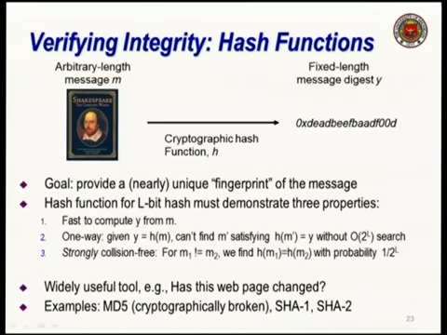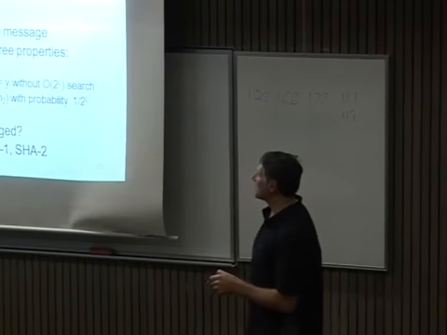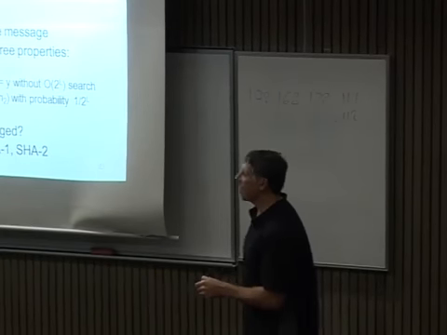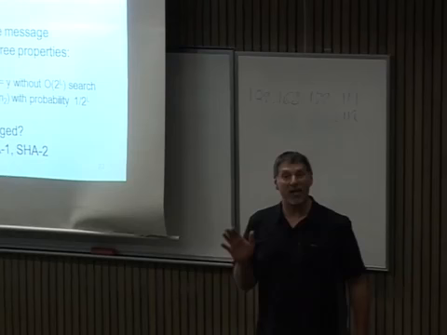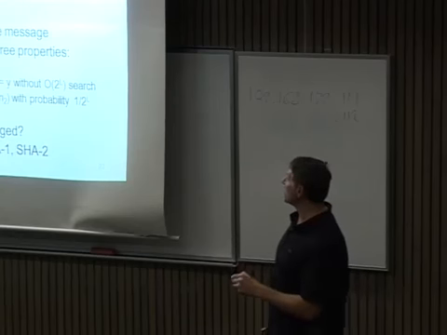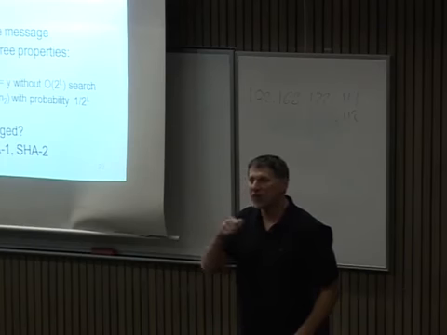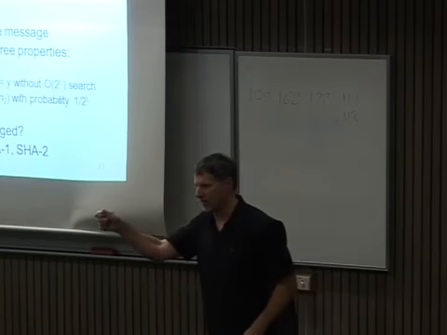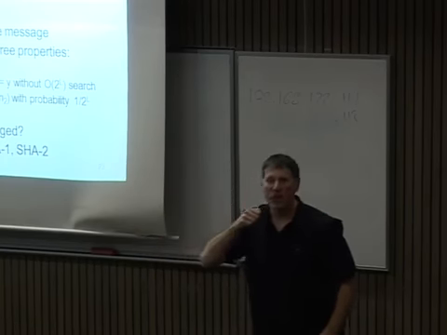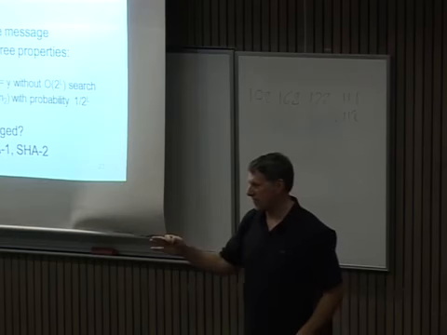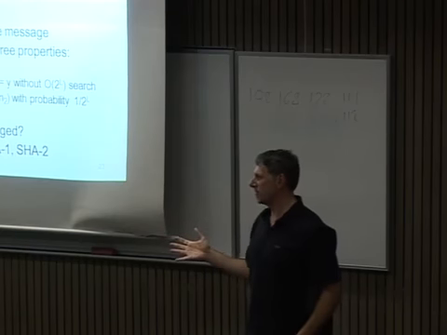Now, what's really cool about a hash function is the probability of finding another value at the input that produces the same output is 1 over 2 to the 128th, which is essentially impossible. You can't search that much.